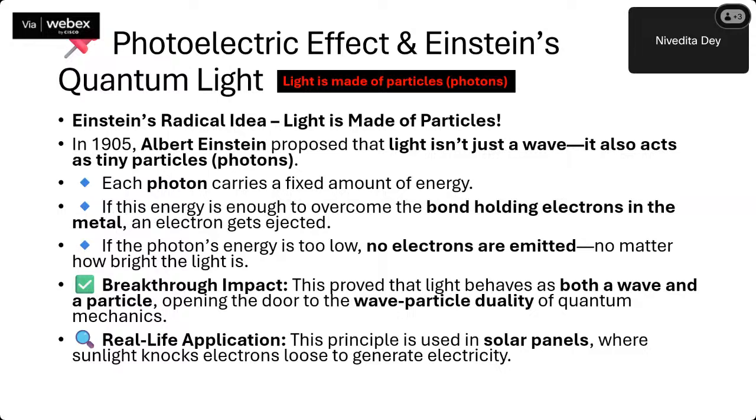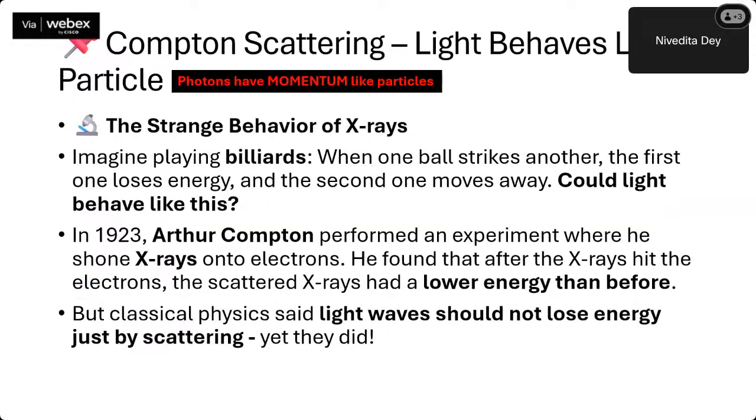Yes. So this is the second one. The third one is the momentum-like behavior of particles, the strange behavior of X-rays, which basically says that light waves should not lose energy just by scattering, but yet they did. They lose energy during the scattering of light. If we hit something and wait for its behavior to change, we will see that it differs with respect to the energy distribution.